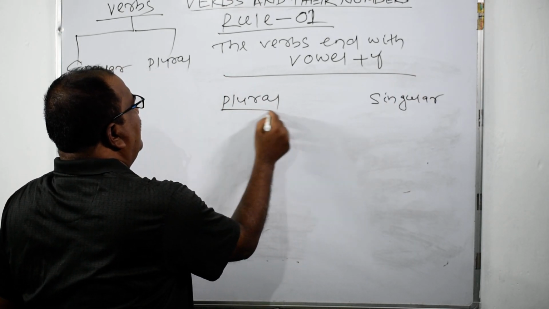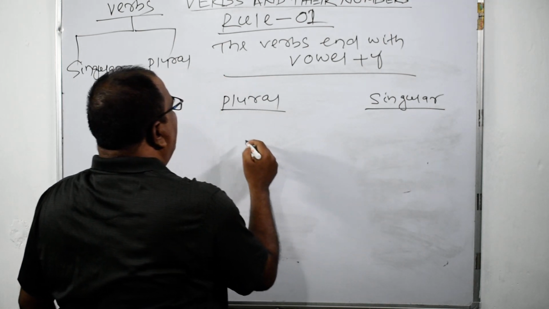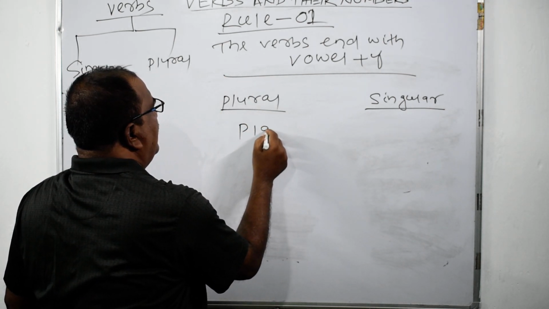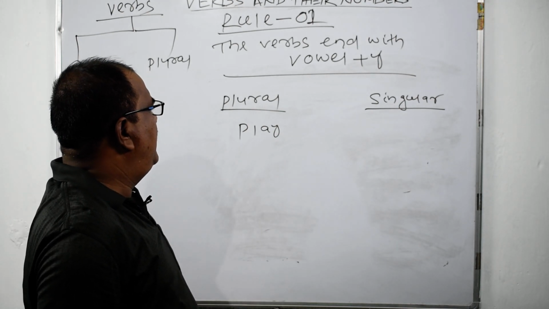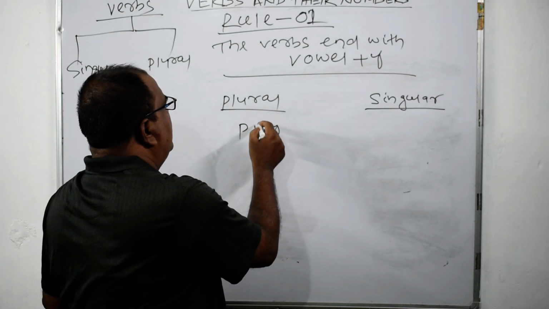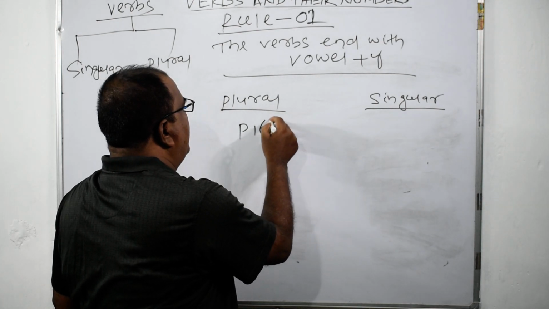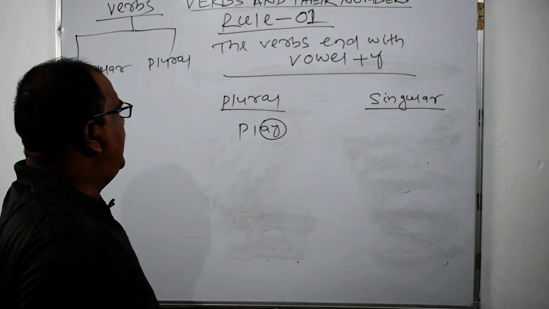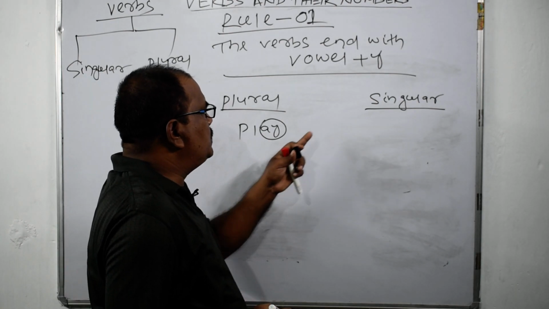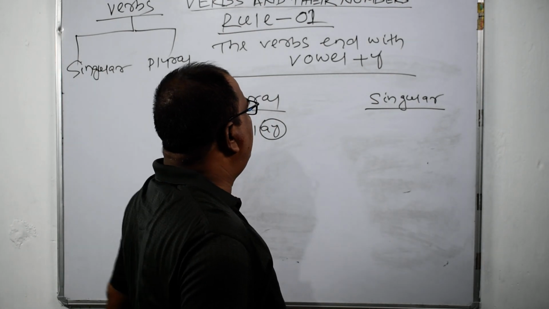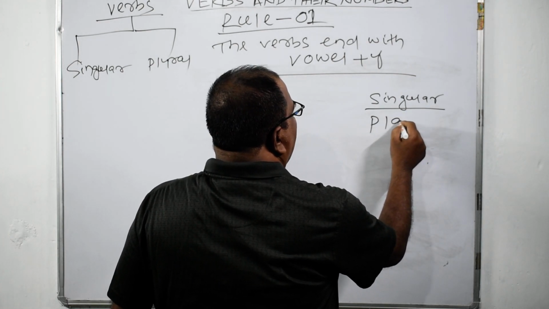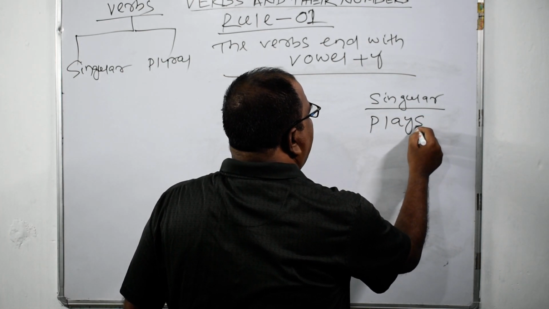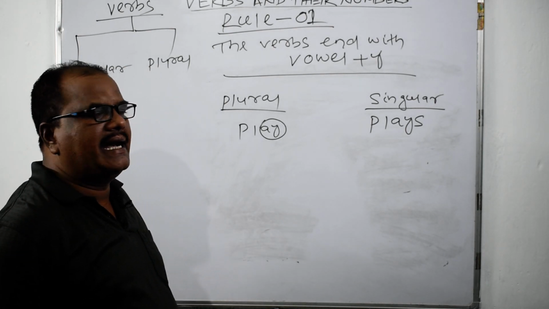For example, play. Look at the verb play: it ends with a vowel and y. When it is changed to its singular form, only s is added.